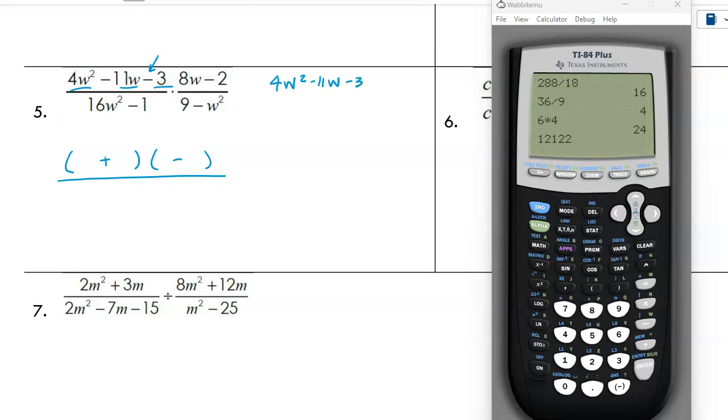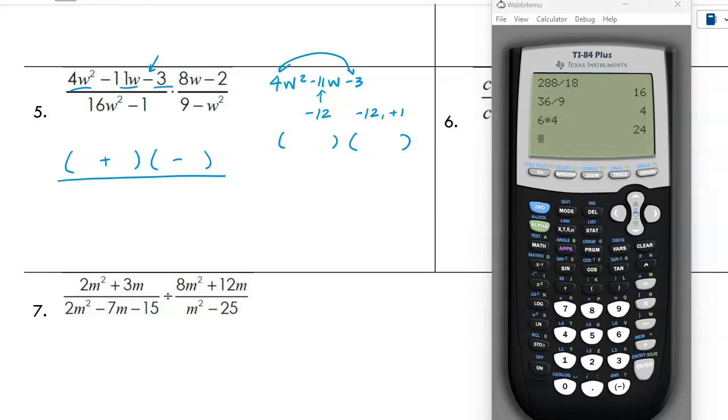Okay, but the AC method would be take 4W minus 3, multiply these two, 4 times 3, which is negative 12. Okay, and then figure out the factors of negative 12 that add to this middle term. So that'll be a negative 12 and a positive 1. And you would rewrite this.